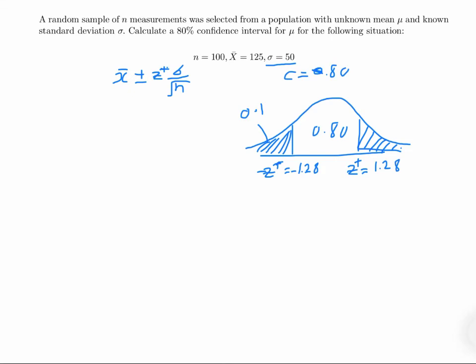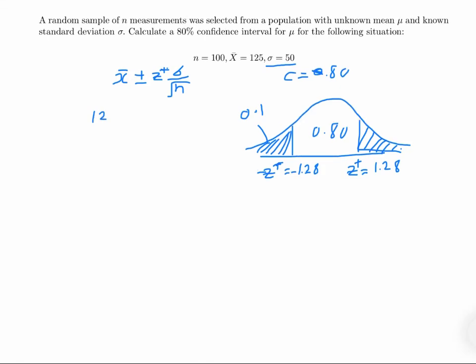x bar is given, 125, plus z star. It is not given actually, we found this one, 1.28. Yes, it is always a positive value here. 1.28, sigma is given, 50, divided by root n, 100, root 10.